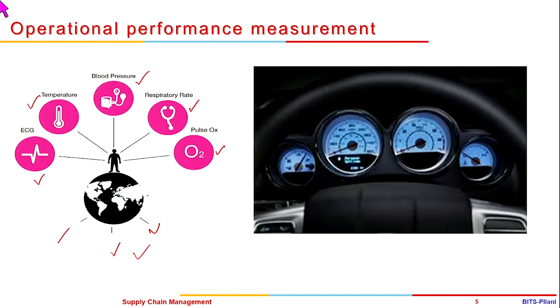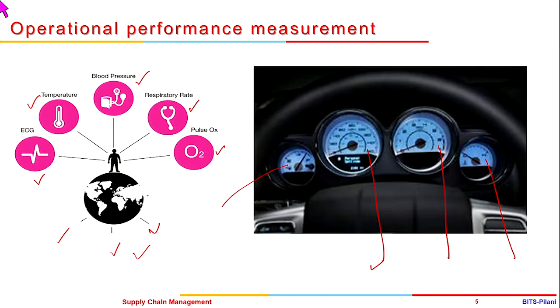Performance is also measured when you drive a motor vehicle. On that motor vehicle, you may have several indicators. These indicators may show the engine pressure, the engine speed, the vehicle speed, and the oil pressure.